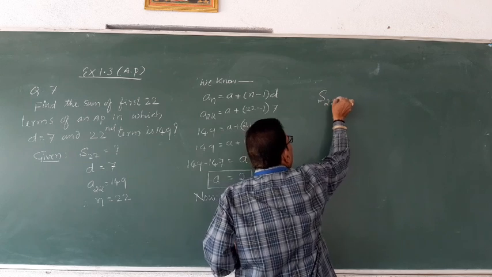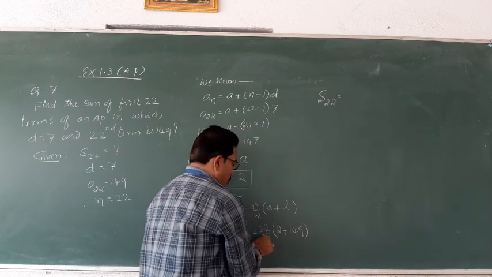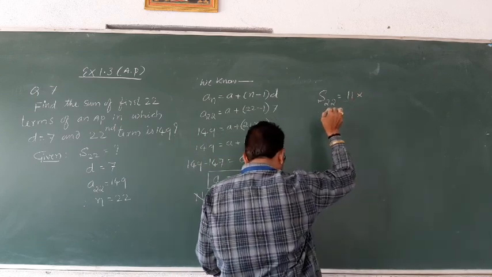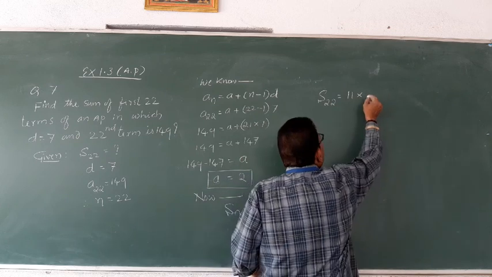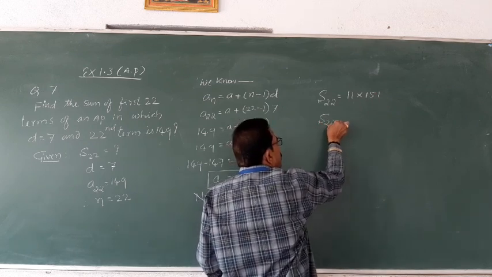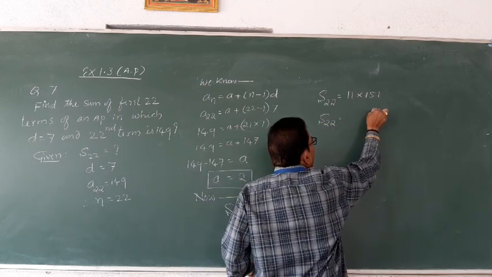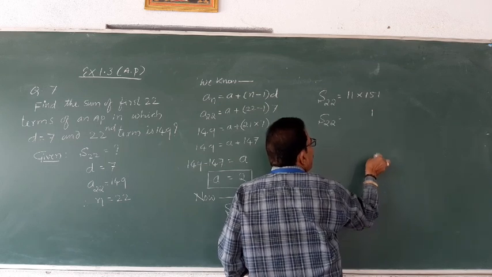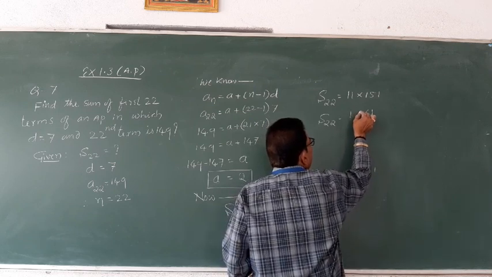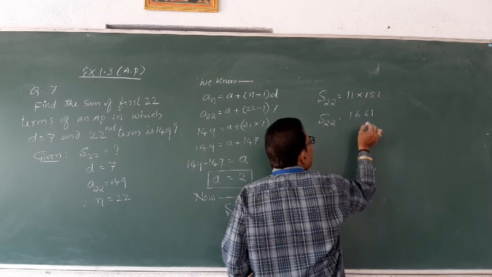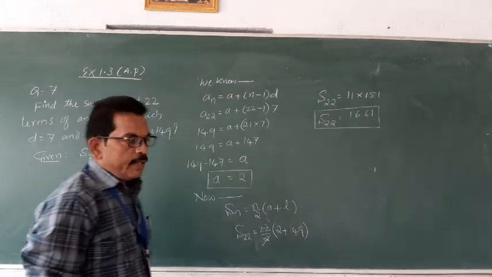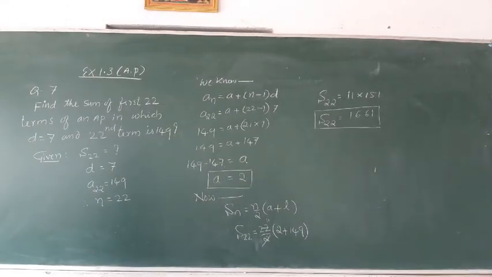Therefore S22 equals 2 ones are 2, 11 into 2 plus 149, that is 151. So S22 equals 11 into 151, that is 1661.